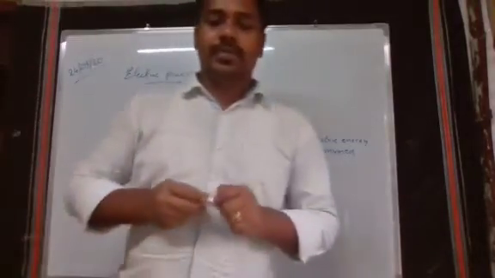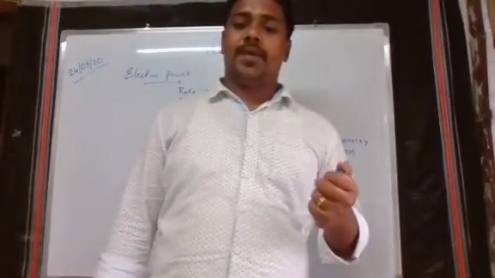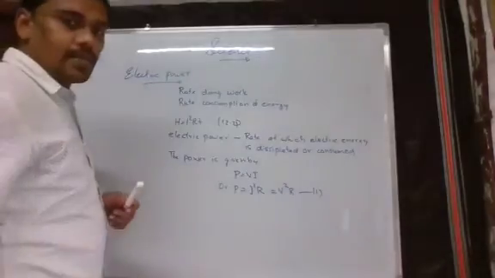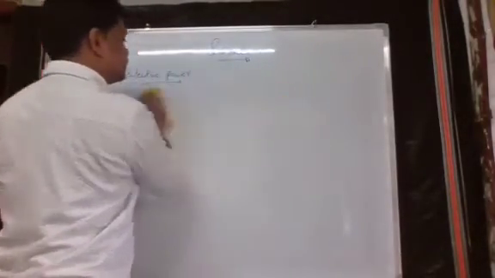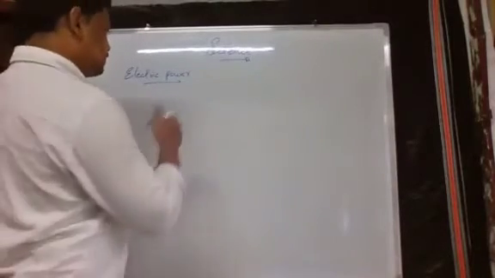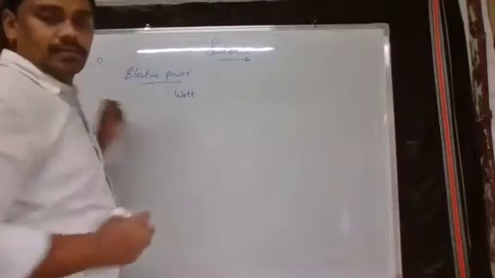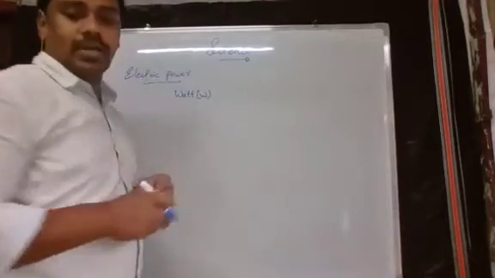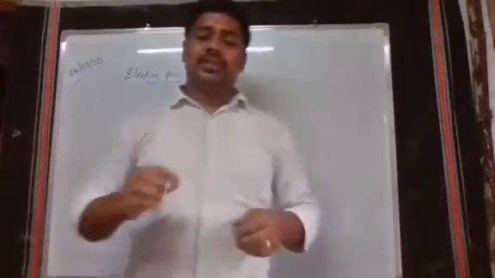Then, what is the SI unit of electrical power? It is watt. The SI unit of electrical power is watt.